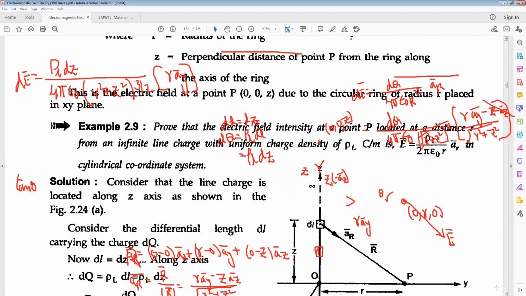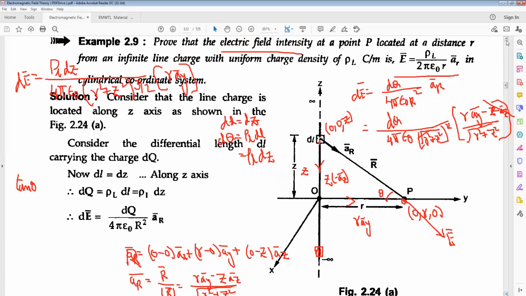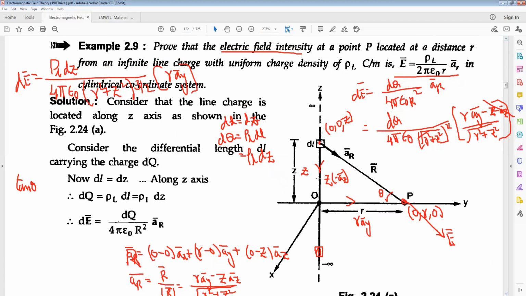Here, whatever I assume, the theta is here, meaning the opposite side is Z and the adjacent side is R. So Z is equal to R tan theta, and dz is equal to R into, the derivative of tan theta, nothing but secant square theta d theta.